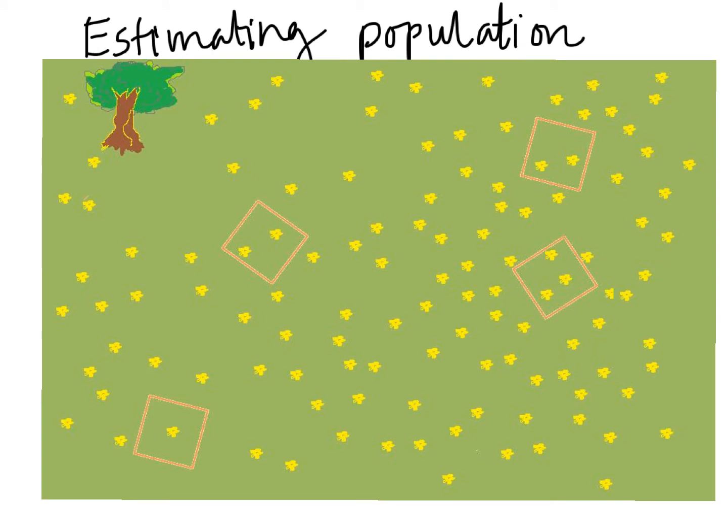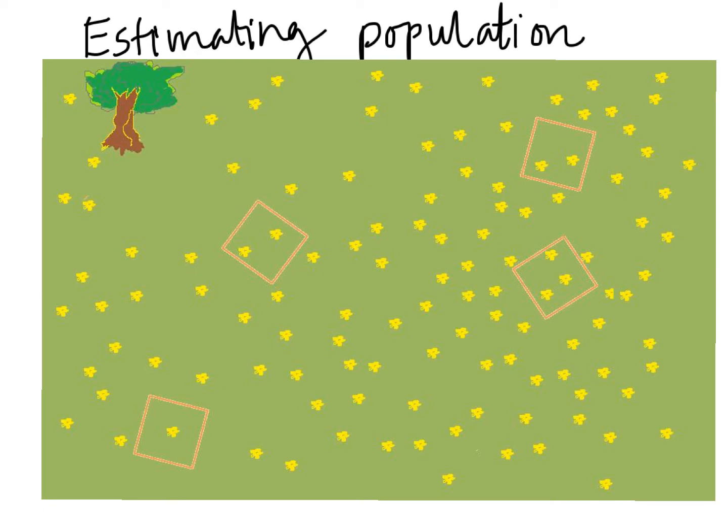As you can see here, there are 4 quadrats placed randomly. What randomly means is that there is no particular preference in where you place these quadrats. For example, you can't put them in a place where there are more daffodils just because you think you'll get a better estimate. It just doesn't work like that. You have to generate a random place.